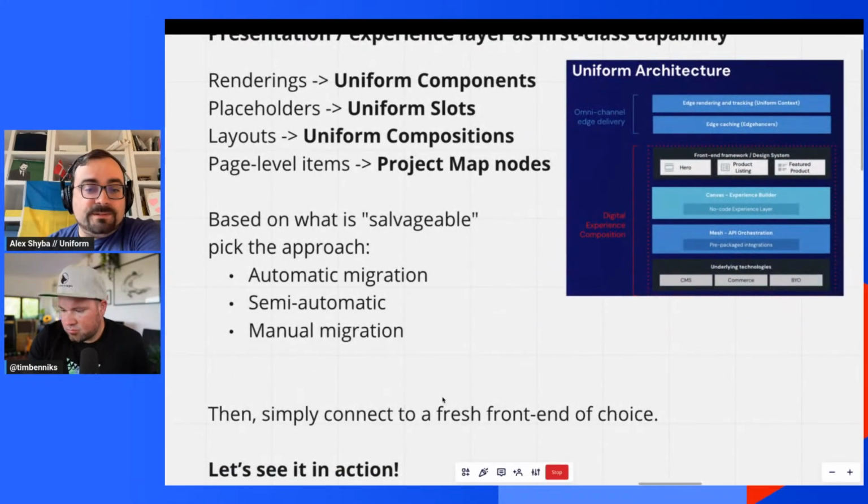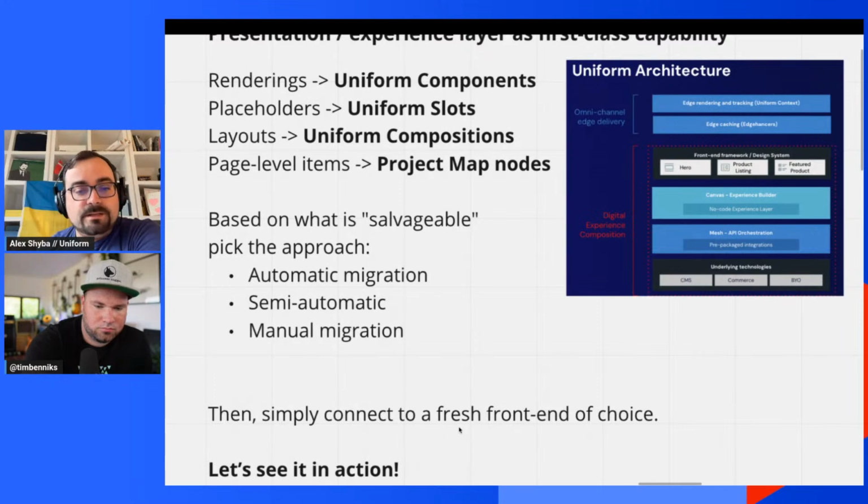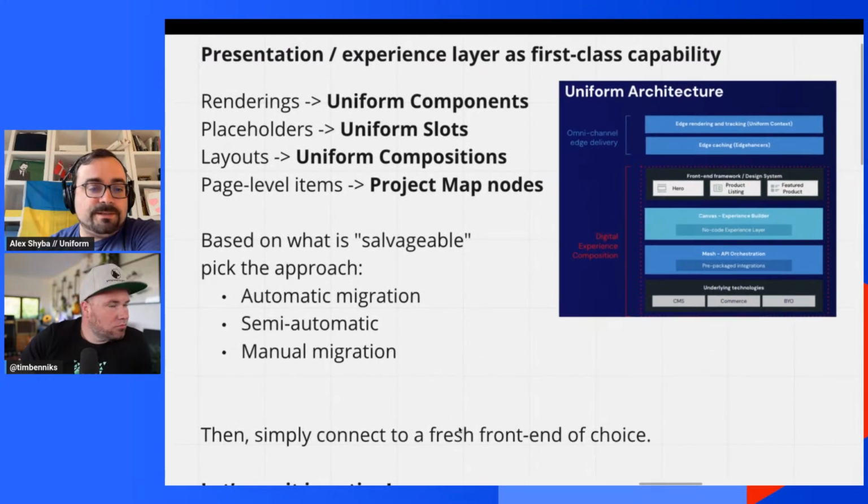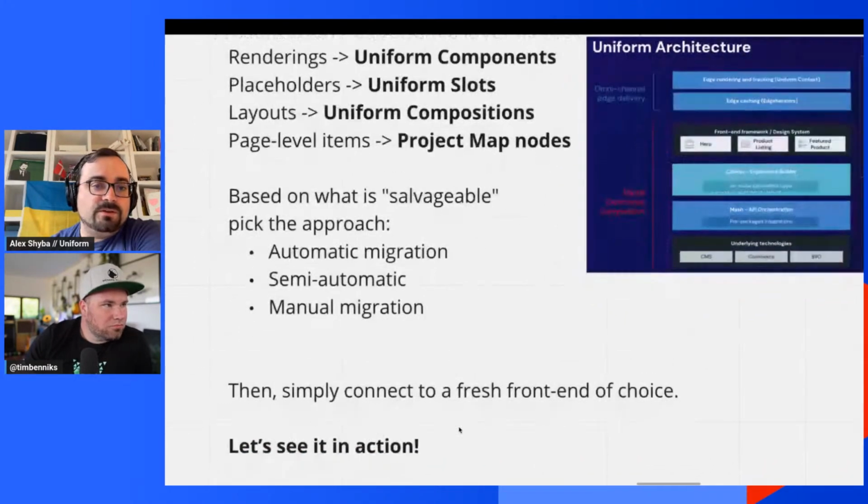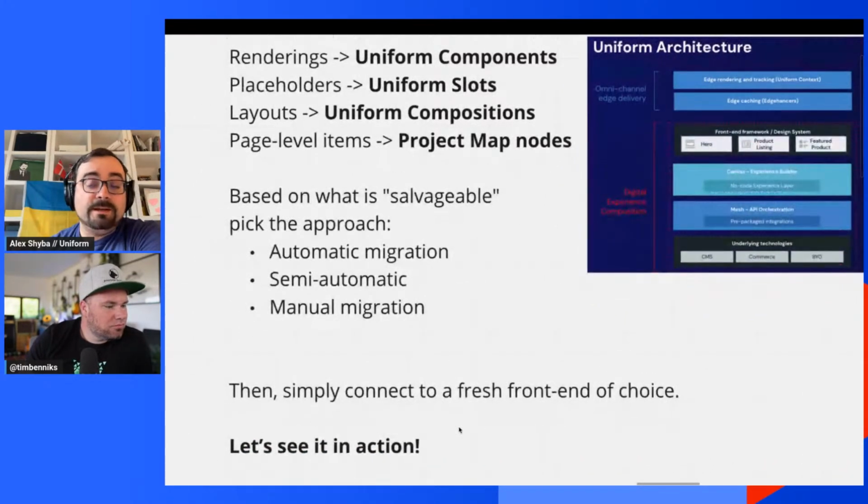The beauty is that after that, you connect your front end of choice: Next, Gatsby, whatever, right? Remix, Astro, some interesting options emerging. And then go have fun. The data is there. You have managed pages, and you can go pretty much fast from there.